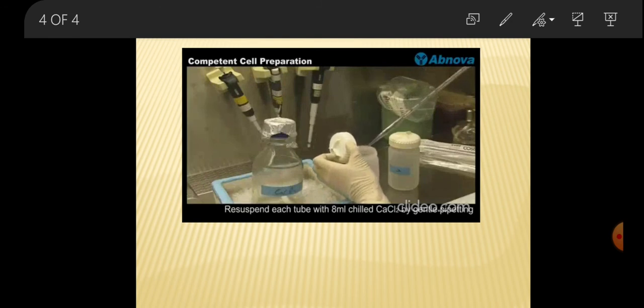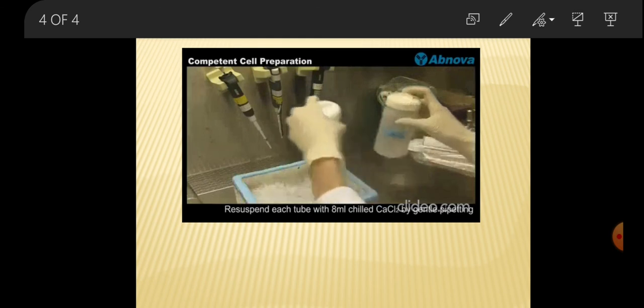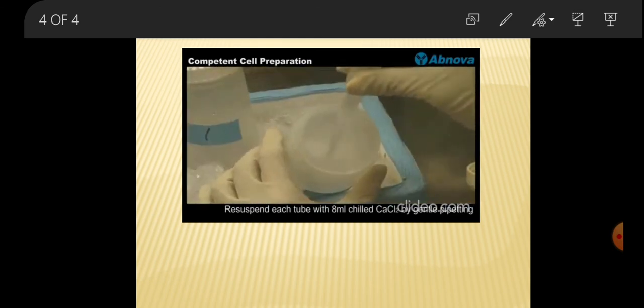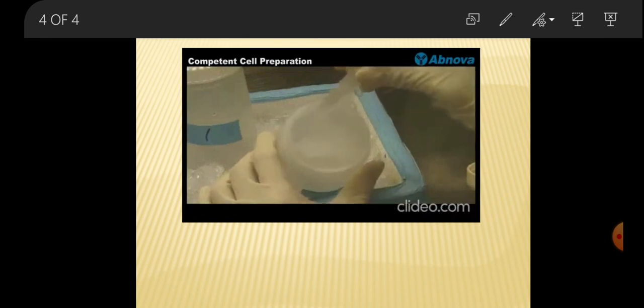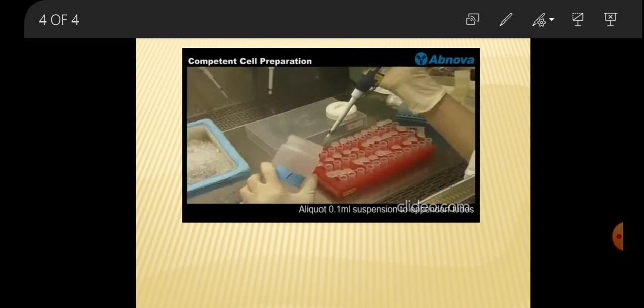Again they suspend the cells with the help of a dropper, and then go for centrifugation again, the same thing repeating, suspending the pellet.